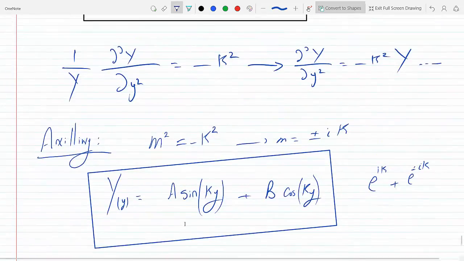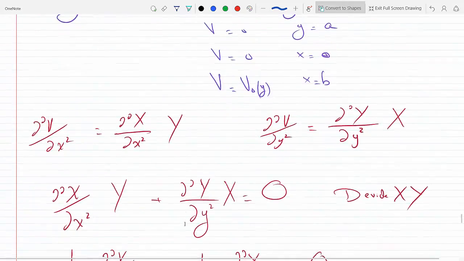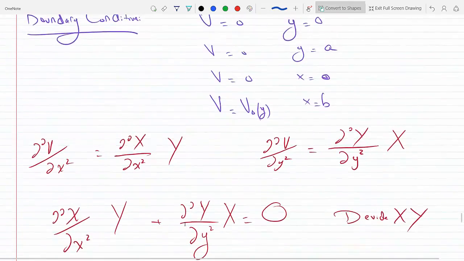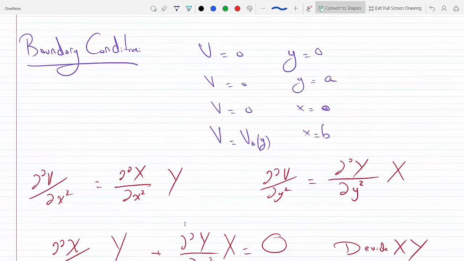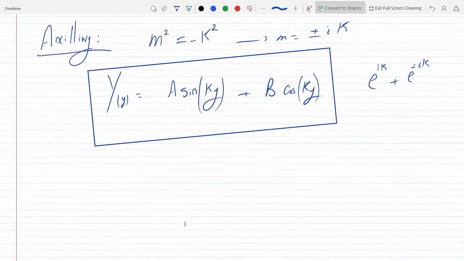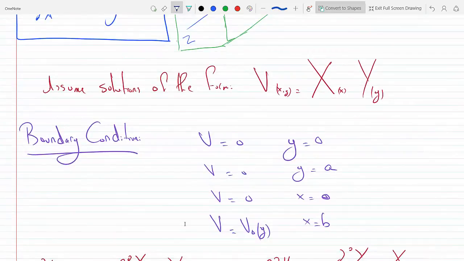So having done that, now we can look at the boundary conditions and see what they tell you about these equations and how we could fit them in. We have 4 boundary conditions in total: 1, 2, 3, and 4.